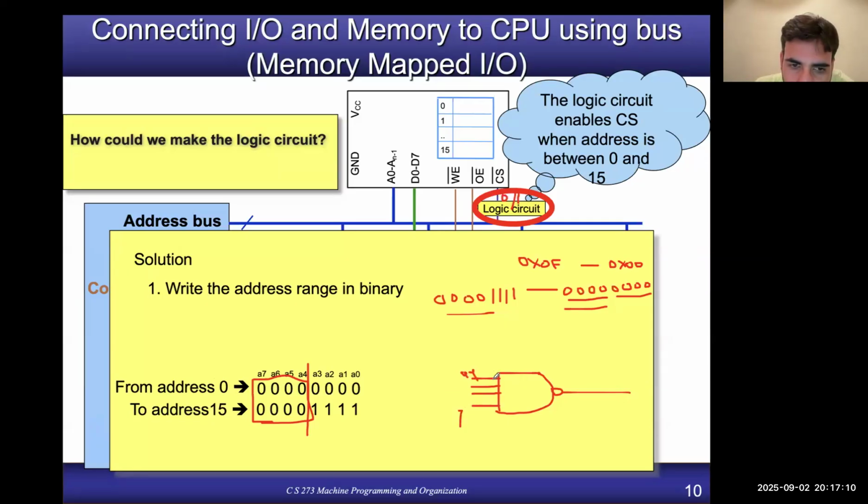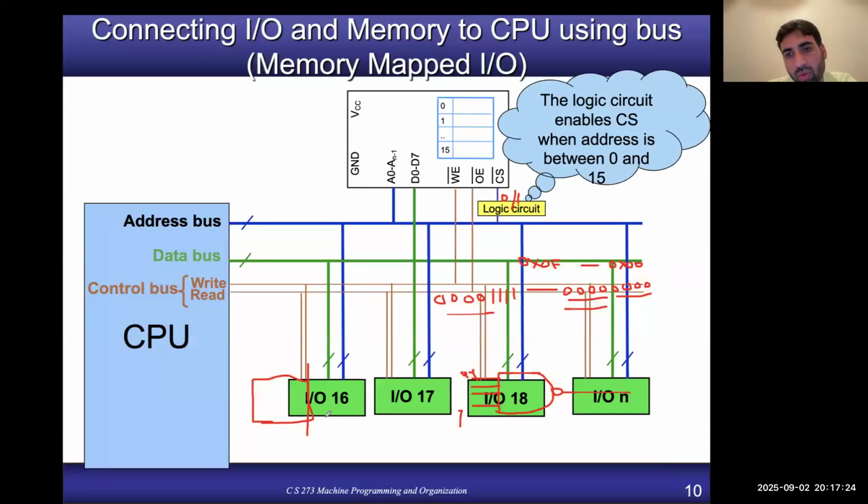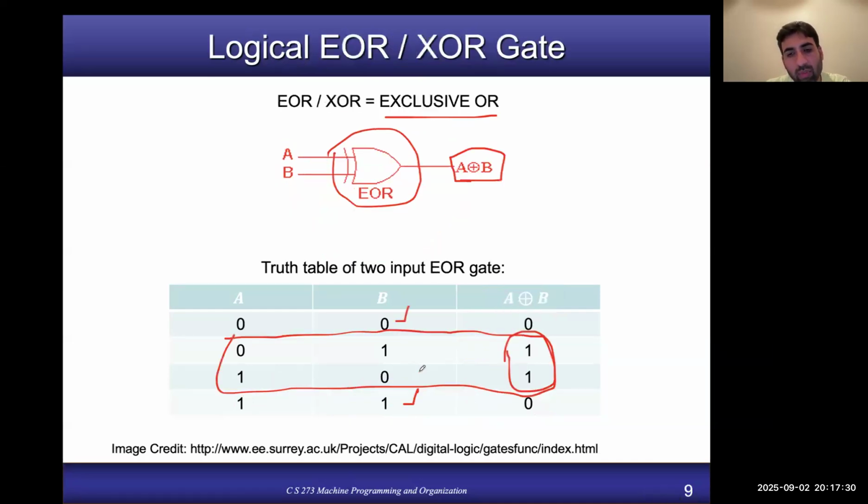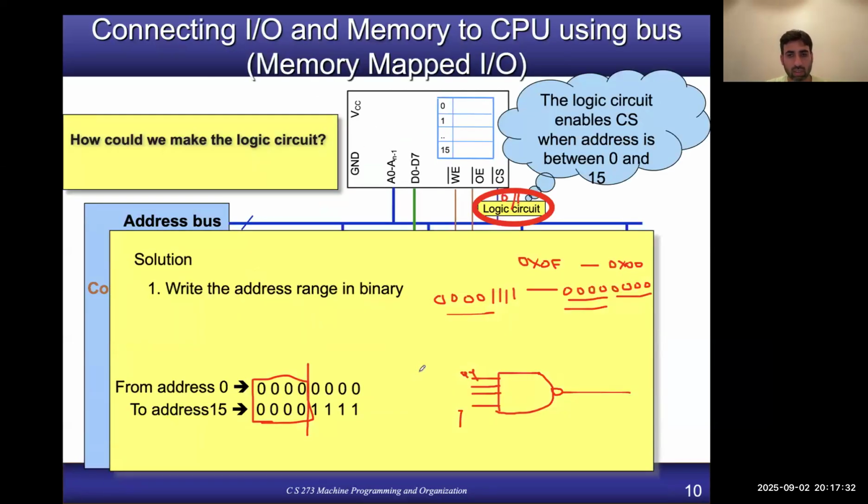But if I put here 0, 0, 0, 0, then the output will be 1. But I actually want the output of 0 when all of these inputs are 0. How can I do that? If I go back to the logic gate, I need to have all the inputs equal to 1. How can I make all the inputs equal to 1? Anyone who can suggest?